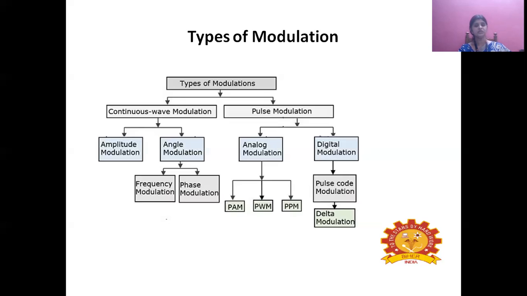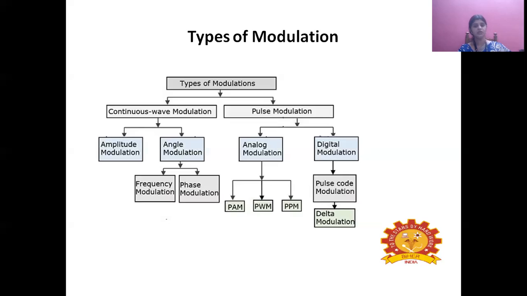In the quantization, you will have some fixed amplitude levels. All the varying amplitude levels will be converted into a finite number of amplitude levels, rounded off to the nearest fixed amplitude level. That is called quantization. So after sampling and quantization, you will get samples which are fixed in both amplitude and time interval.